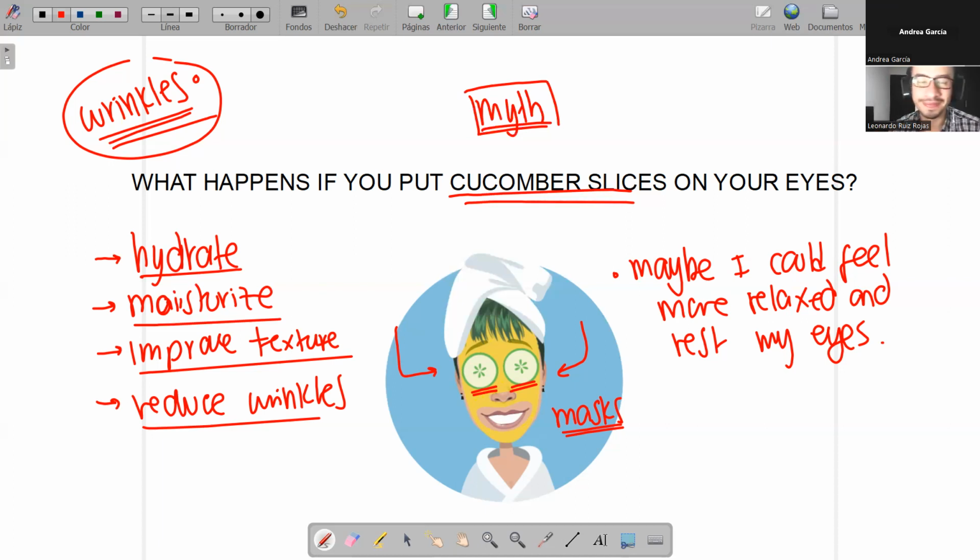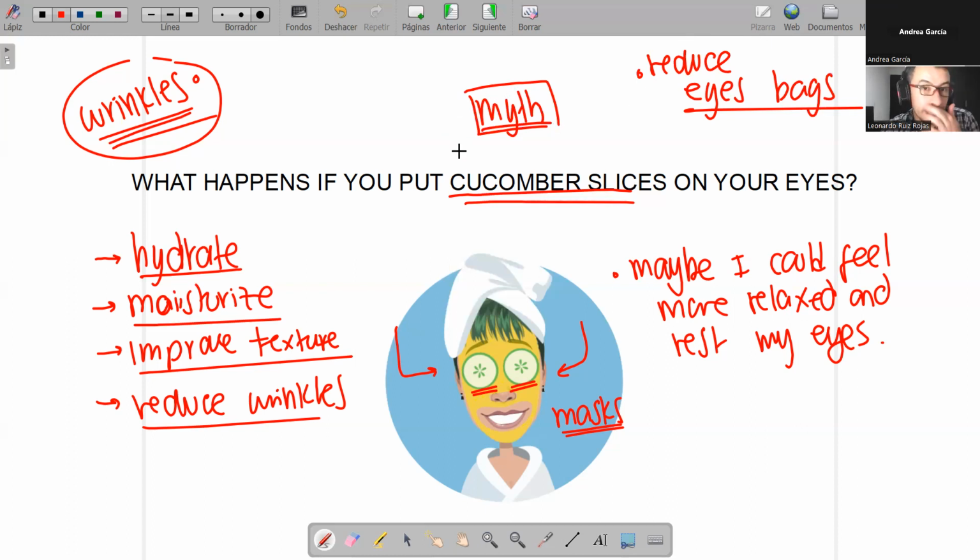How do you say, teacher, como ojeras? Eye bags. Also to improve eye bags, to reduce them. Exactly.